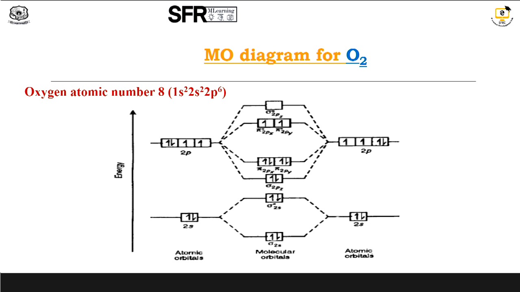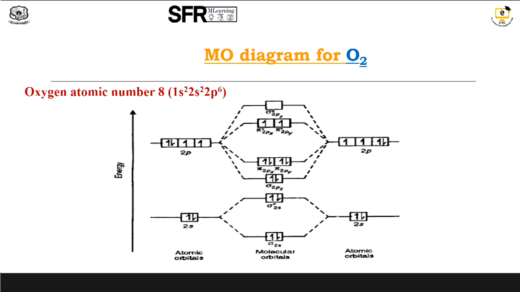Here Hund's rule is applied. Based on Hund's rule, when there are two orbitals of the same energy level, electrons are filled first singly, so that each orbital is half filled, and then the remaining electrons are paired. Here pi 2px and pi 2py are filled.